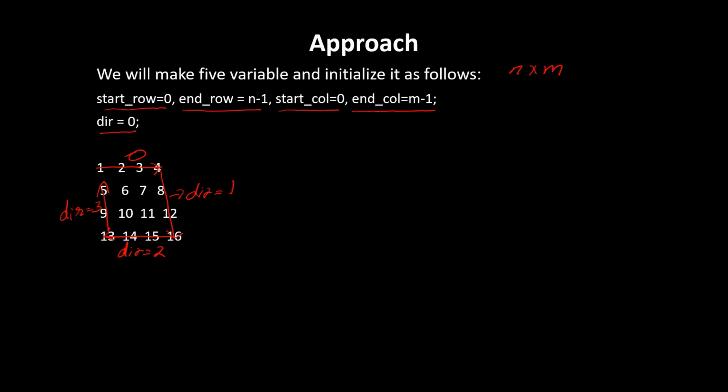So let's see. When our direction is 0, dir equal to 0, we have to print from start column to end column in the start row.